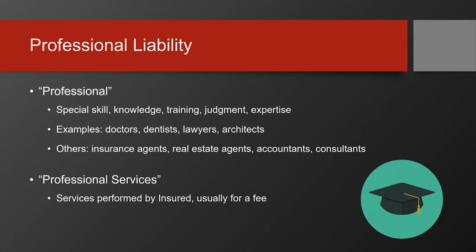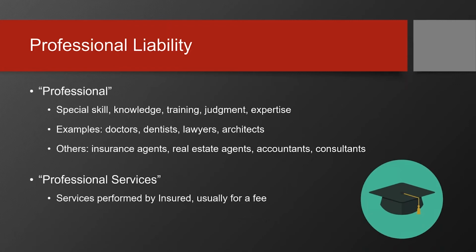So these are all classifications you've probably heard of. Other times, you probably yourself, being insurance agents, have some type of E&O, whether it's yourself or through your agency. Very important. Real estate agents, accountants, even consultants need professional liability. One of the real key things about E&O is that you really need to look at what's being covered.